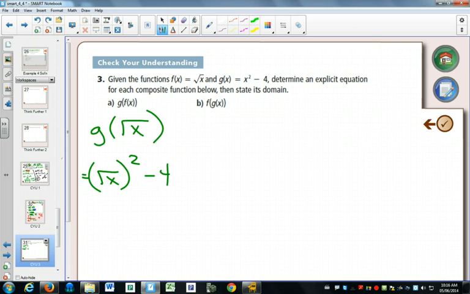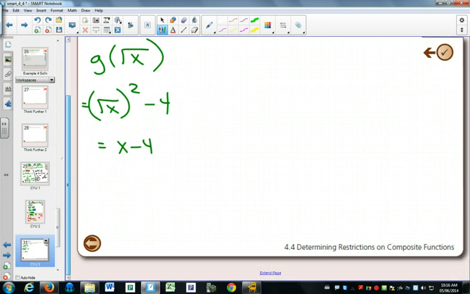So it'll just be x minus 4, which when you think of that, that's a straight line, right? Okay. And that straight line, it looks like this, slope of 1.